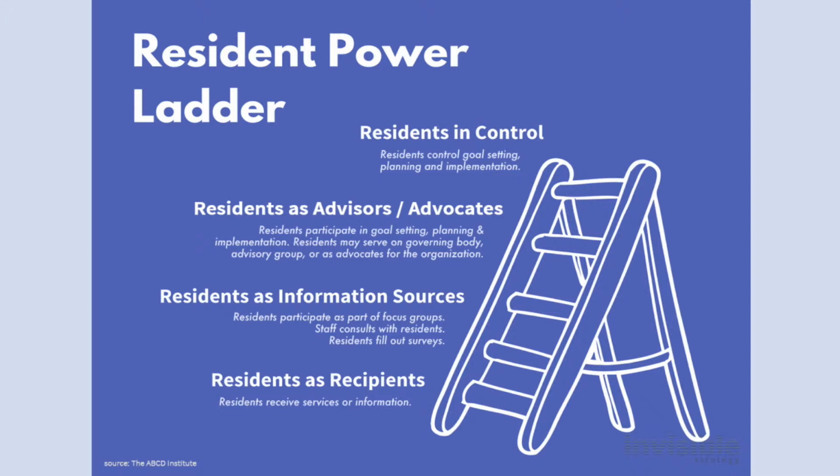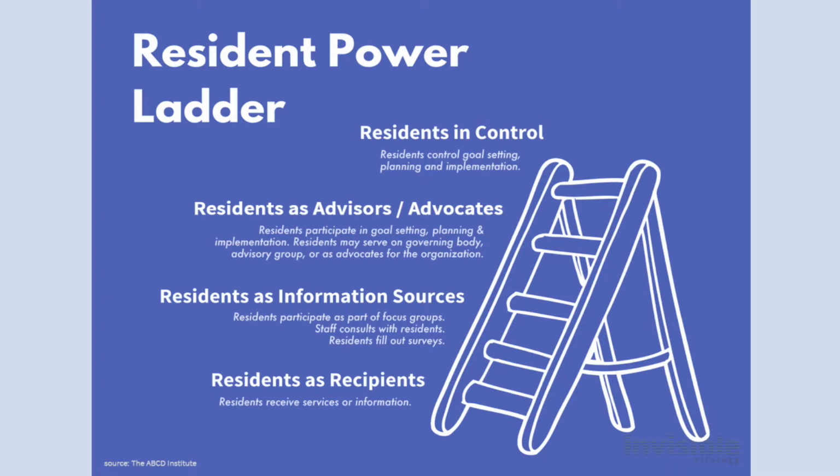Residents as participants is a level where residents are really advisors or advocates. They are participating in a meaningful way. I mean, all of these are meaningful in their own way, but at this level, residents are maybe not just providing information, but are analyzing information and advocating for an outcome. They might be advising decision makers about what decision to make.